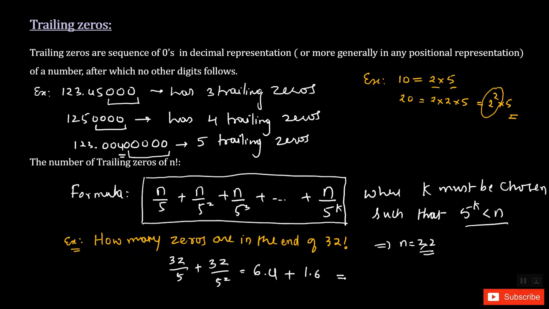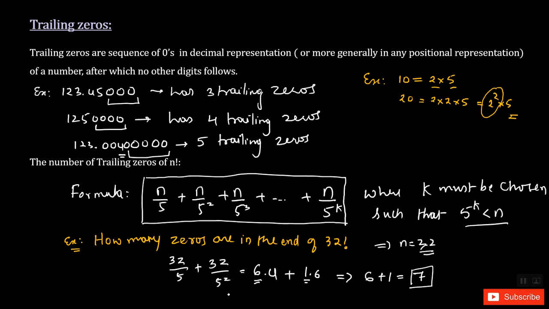When you are finding the trailing zeros, you should ignore the decimal part. Don't consider the decimal part, just consider the whole number, that is 6 and 1. So you just need to add 6 plus 1, that is 7 trailing zeros in 32 factorial.